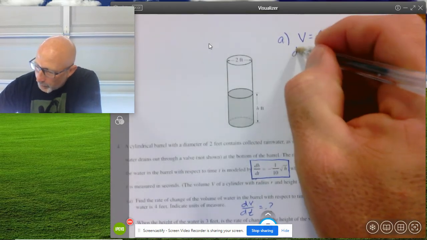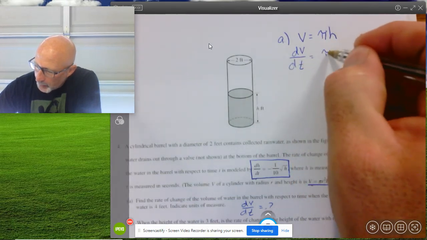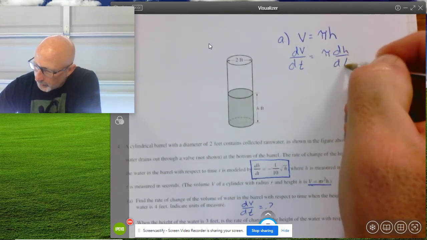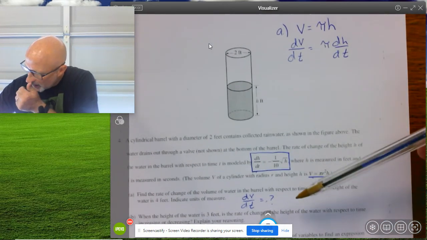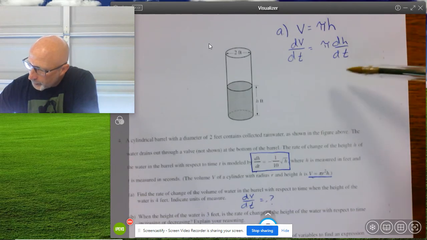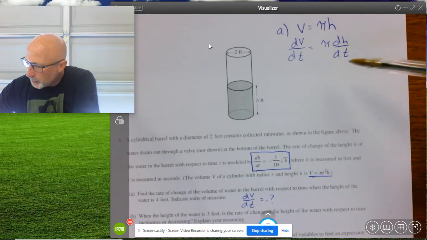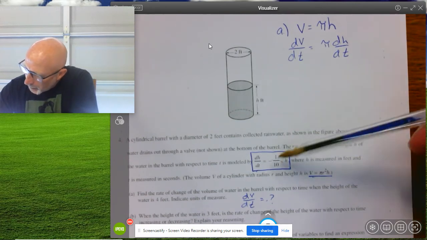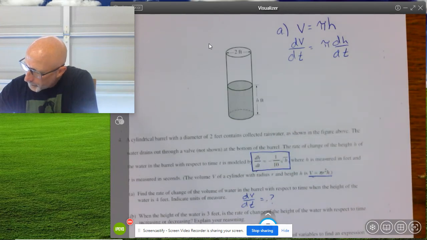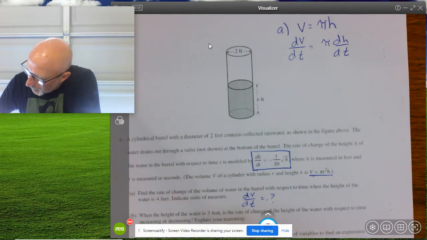So taking the derivative of both sides with respect to t, I have dV/dt is equal to pi times dh/dt. So the only thing I need to do is evaluate what dh/dt is. I don't know exactly what dh/dt is, but here is the equation right here, and we need to do this when the height of the water is 4 feet.